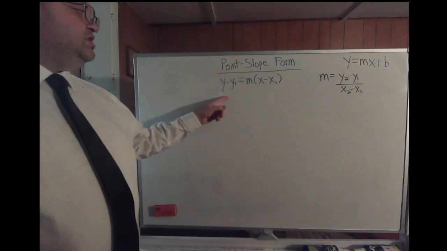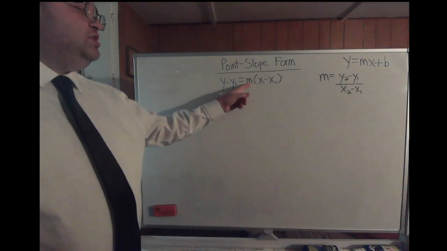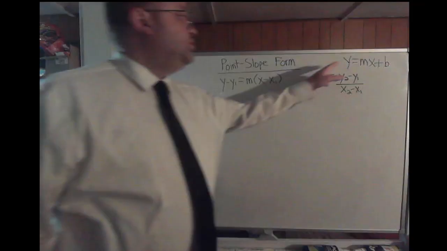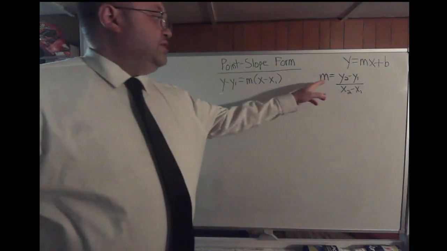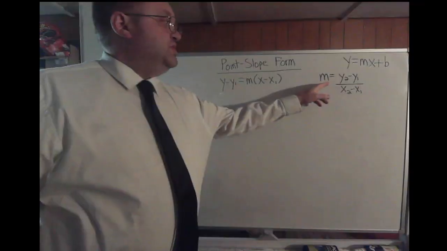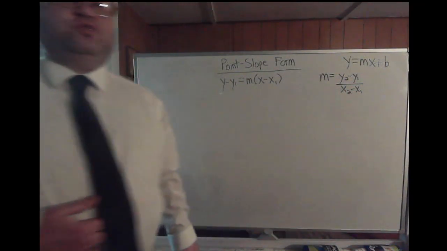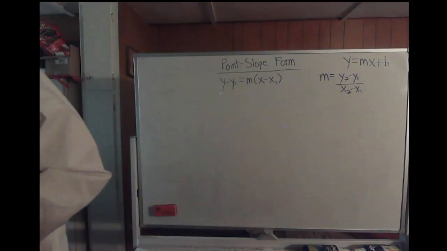So point slope form, you have y minus y1 equals m, the slope, times the quantity of x minus x1. You want to convert all that into y equals mx plus b. Then I have a reminder here for the slope formula, which is equal to y2 minus y1 over x2 minus x1. So let's get started here.